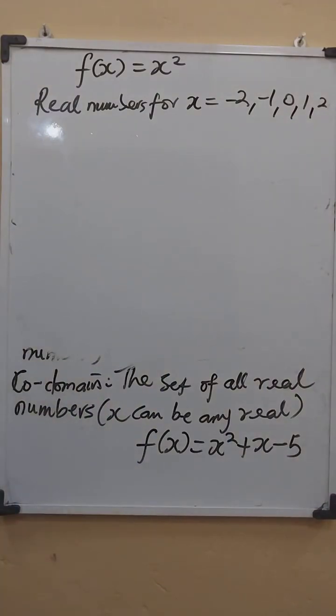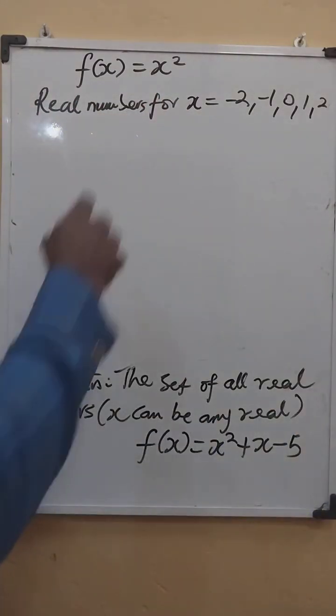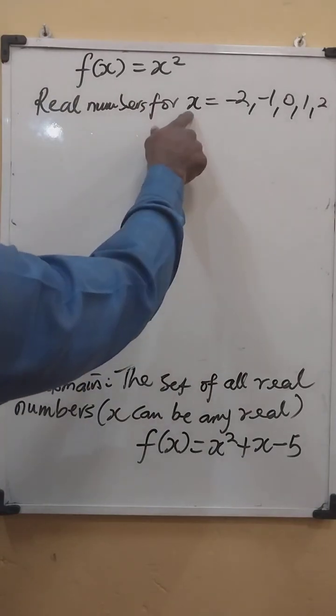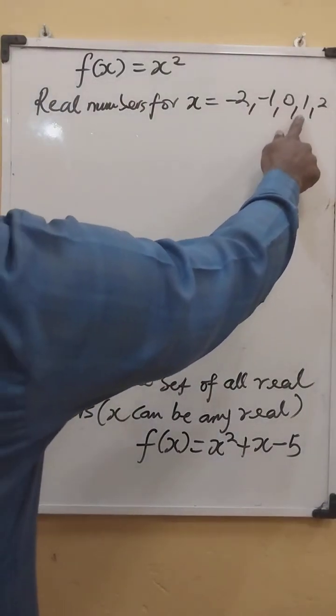So real numbers are numbers whether they are positive or negative, including zero. They can be, like Roland said, rational or irrational numbers. So they can be either negative or positive. So the real numbers for x are -2, -1, 0, 1, and 2.